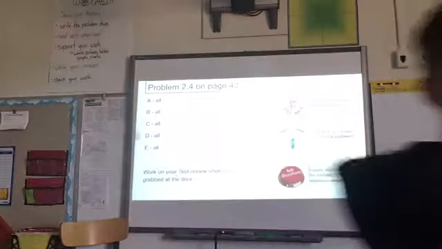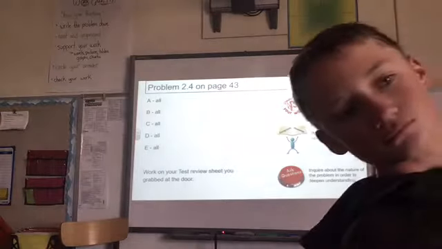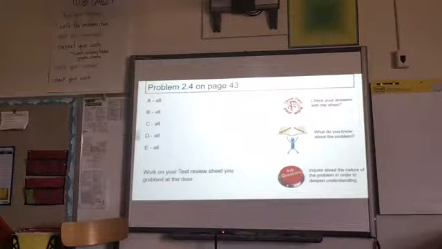Now, if you go to A1, it says A and B have to be positive rational numbers. So I make another one. Give me a positive rational number. 6.1. Because 6 is an integer. Okay? Give me another positive rational number. 4.2.